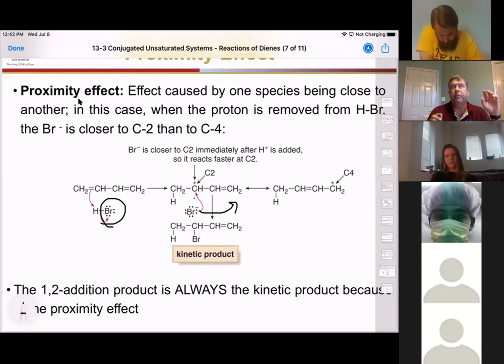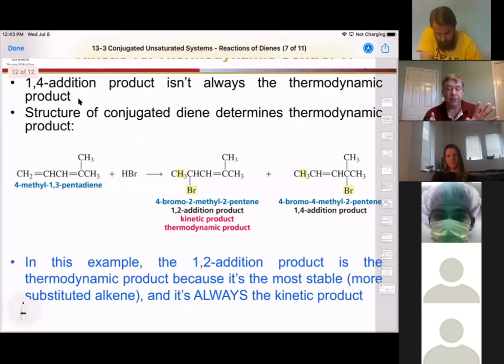So if the 1,2 is always the kinetic product and the 1,4 is the thermodynamic product in this particular case, is the thermodynamic product and the kinetic product always different? And the answer is no. Let me show you an example. You can have one product be both the kinetic and thermodynamic depending on the structure of the diene.